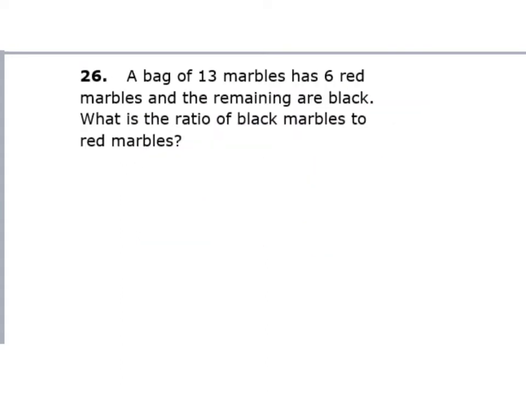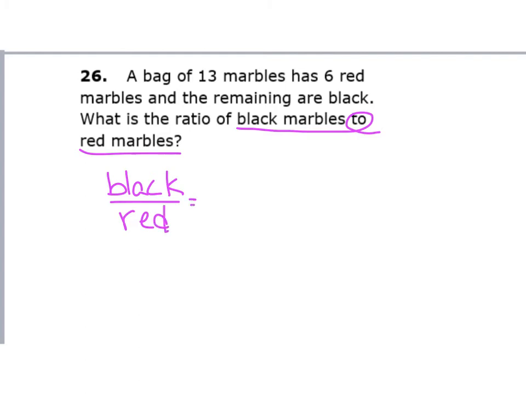Number 26. A bag of 13 marbles has 6 red marbles, and the remaining are black. What is the ratio of black marbles to red marbles? Okay, so black marbles to red marbles. Again, we need to make sure we pay attention to what it wants in the numerator. I want black marbles in the numerator, and I want red marbles in the denominator. So my black marbles, I don't know how many there are.